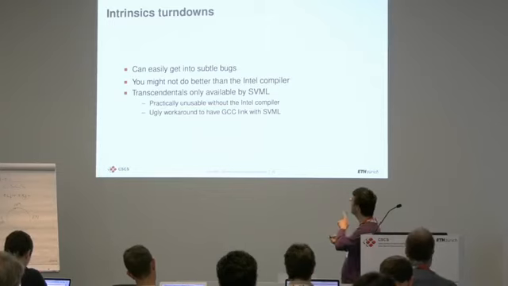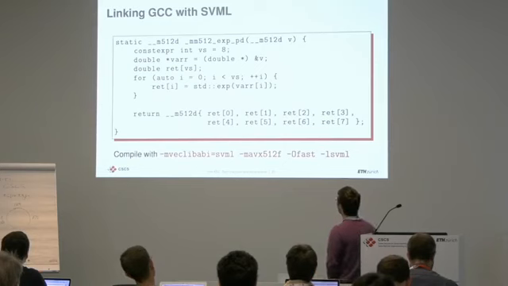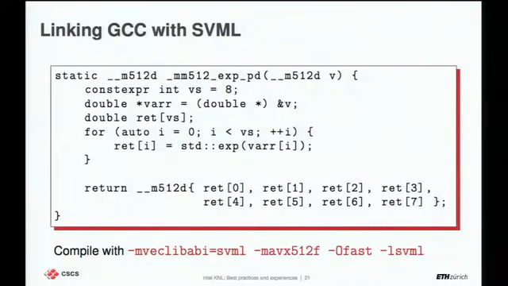So I'm going to show you, just for reference, the equivalent, how you would achieve the MM512 exp pd. Basically, the only way to hint the GCC compiler to get a vectorized call is to do this.